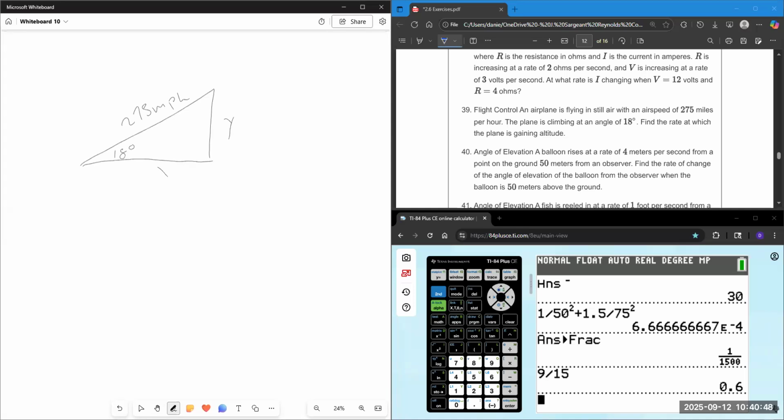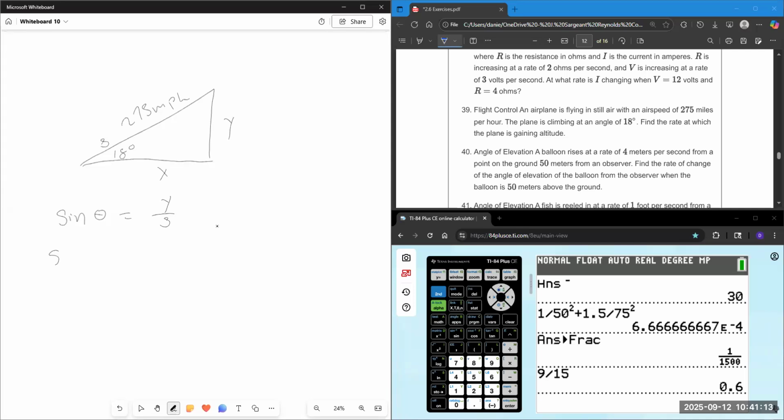So here's y, here's x, and we're going to use sine of the angle is equal to y over s. But s is this distance here.